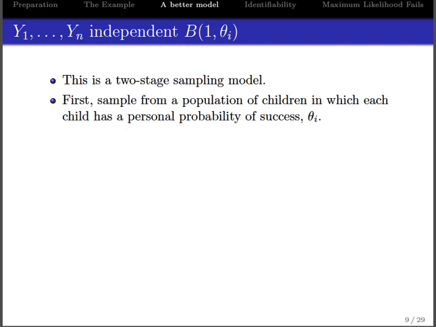First, you sample from some population of children in which each child has a personal probability of success, call it theta i. Yeah, I know it's not really a random sample, because it's probably just a kindergarten class, but we'll treat it as a random sample for our present purposes. This is about modeling, and this is what people do all the time with data that could be described as a convenience sample.